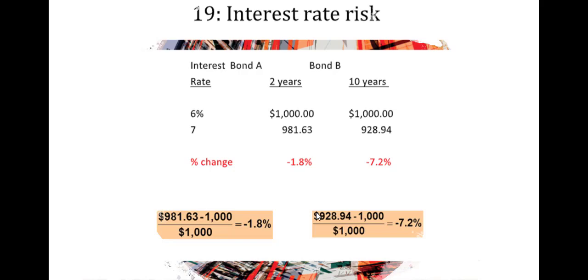This price sensitivity is referred to as interest rate risk, which is one of the greatest risks associated with bonds. And this risk originates because of the change in interest rate.